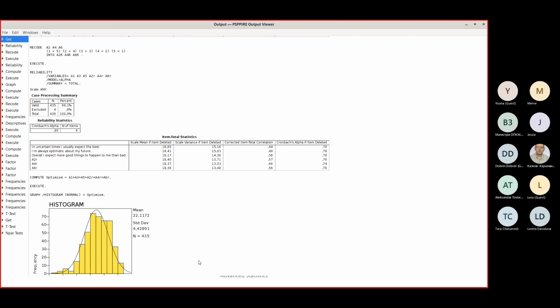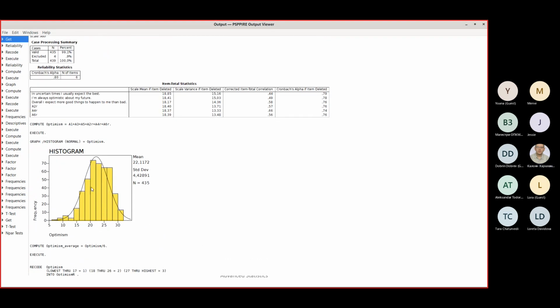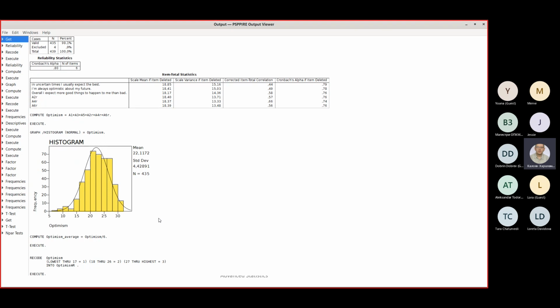First here, yellow bars are empirical distribution, black line is normal distribution. Here we saw that maybe these two distributions are similar. Maybe not exactly the same, but close.